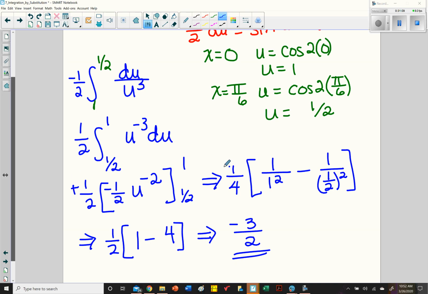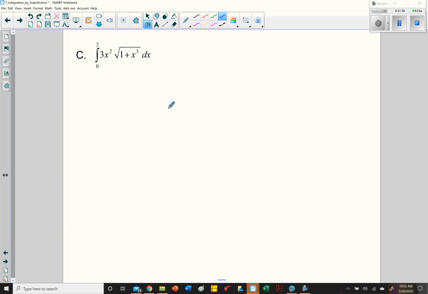That's negative 1/4. Erase this. And a negative 3 and a negative 4 makes a positive 3/4. So a negative 1/4 times a negative 3 makes a positive. Ooh, all of that arithmetic. We can do calculus, just can't add and subtract.